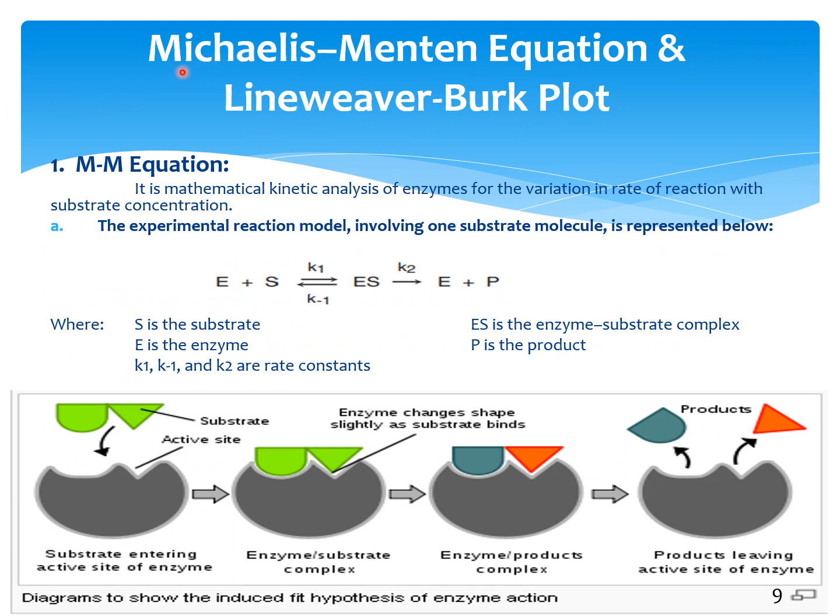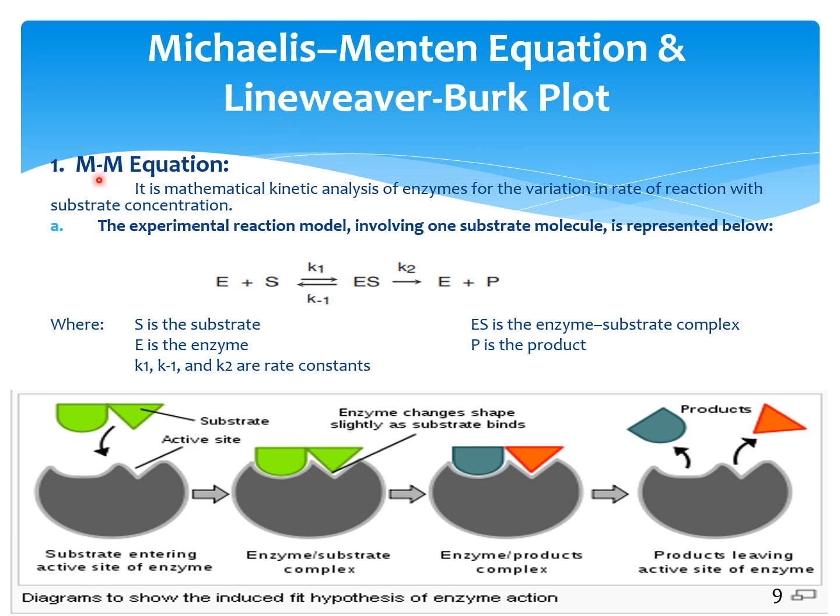Michaelis and Menten performed a few experiments on the chemical reactions catalyzed by enzymes, made some observations and derived a mathematical equation. Later on, that was modified by Lineweaver and Burk in the form of a plot.